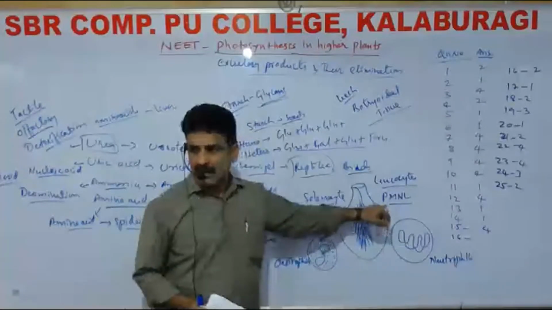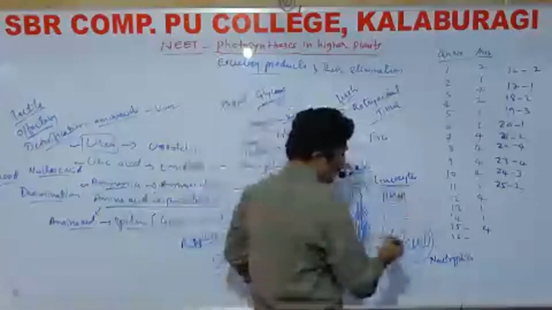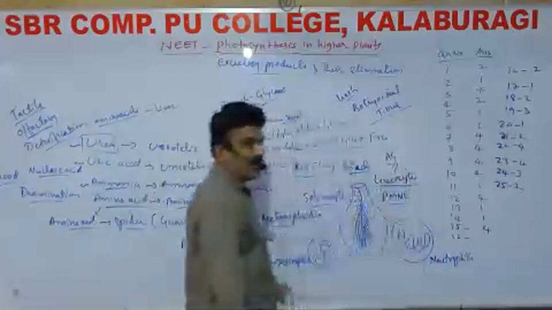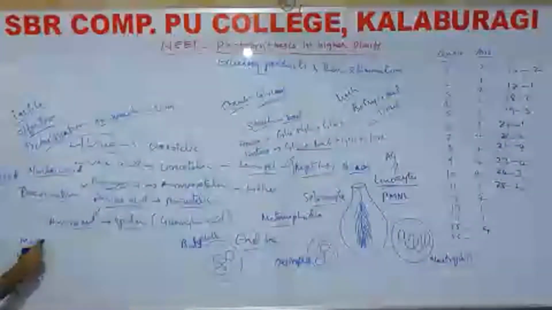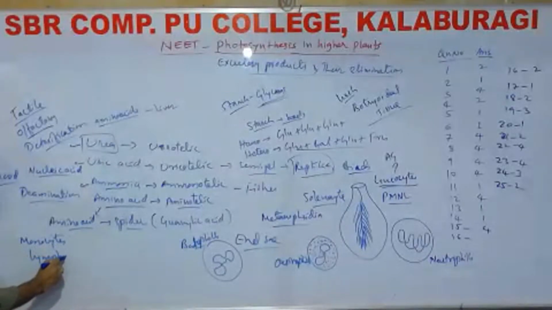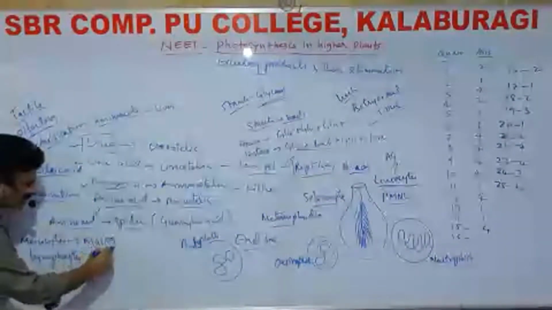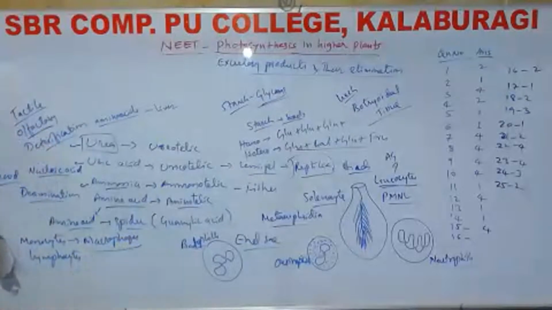But some of the other leukocytes are called agranular leukocytes, like the monocytes and lymphocytes. The monocyte cells are modified into macrophages once they come out from the bone marrow.